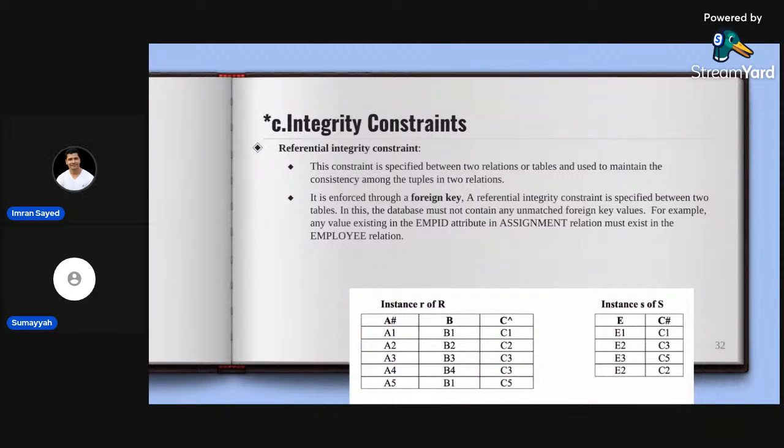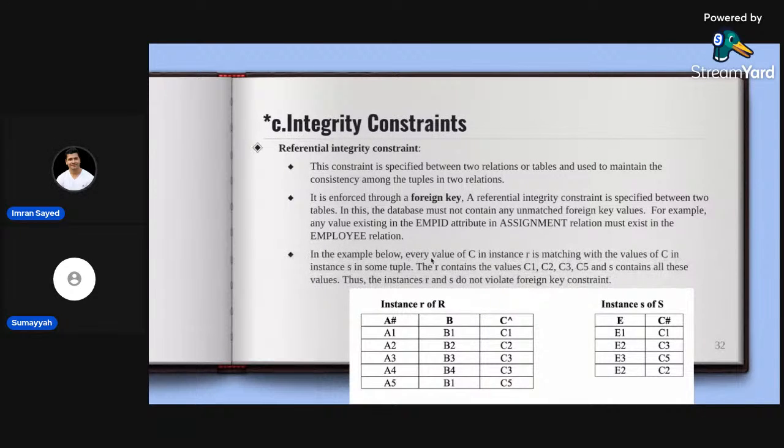For example, any value existing in the employee ID attribute in the assignment relation must exist. Hey, we don't have that table. We need to copy paste that table here. So R contains values. We don't even know which one is foreign. Okay, so R is not foreign.